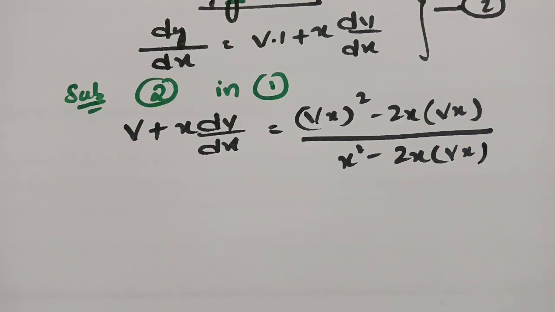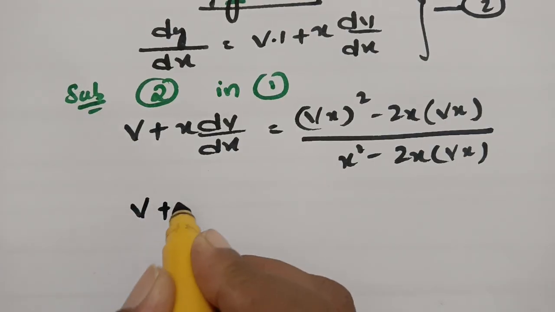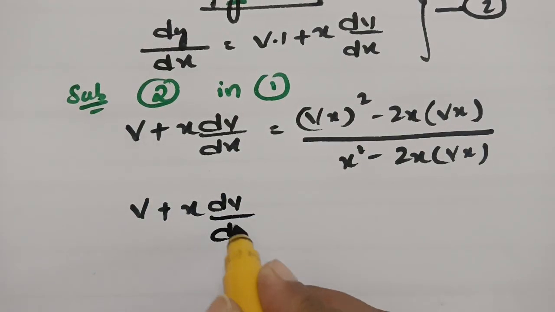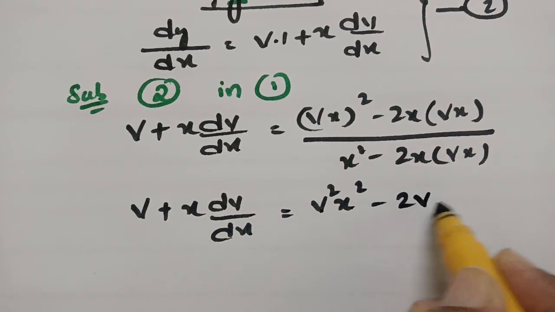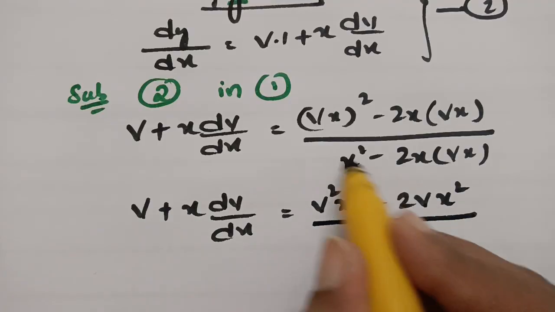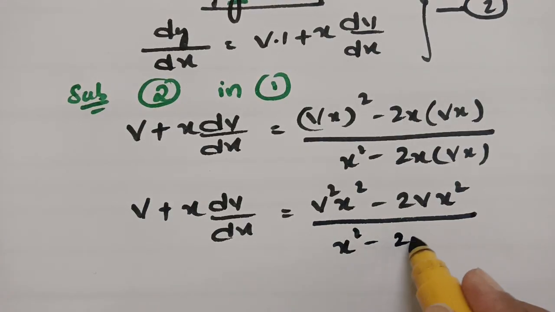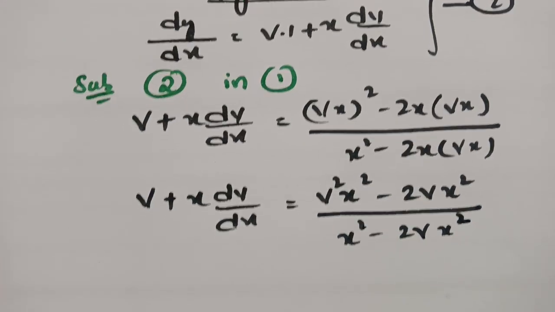Clear? So v plus x dv by dx is equal to (v squared x squared minus 2v x squared) divided by (x squared minus 2v x squared).